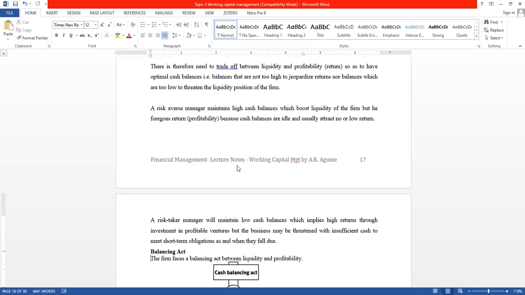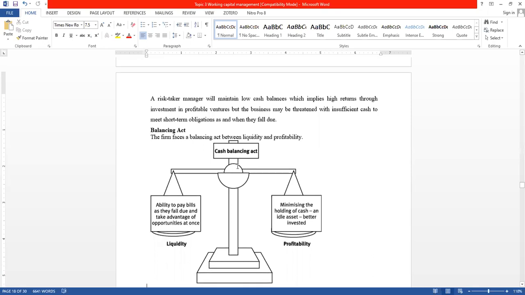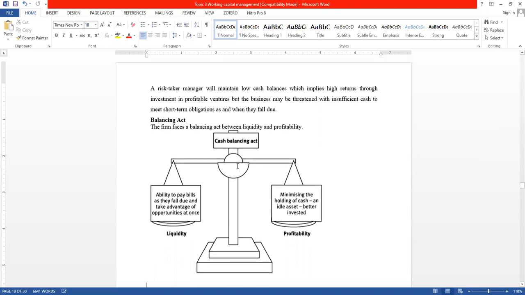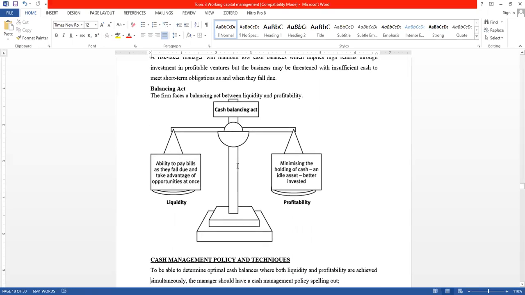Okay. Now, with this, there is need for balancing the two, liquidity vis-a-vis profitability. Like when you see that diagrammatic representation, you need to have a balance between the liquidity position of the firm vis-a-vis the profitability. With liquidity, you need to ensure that there is enough cash to pay bills when they fall due.